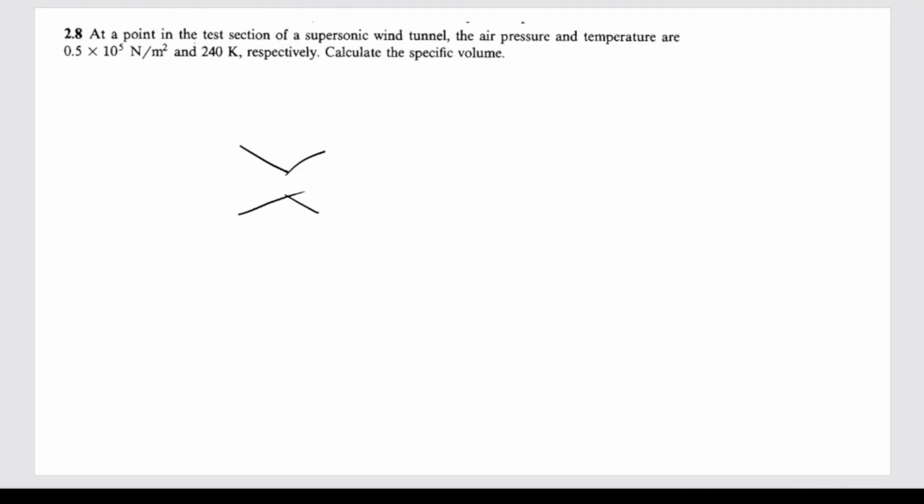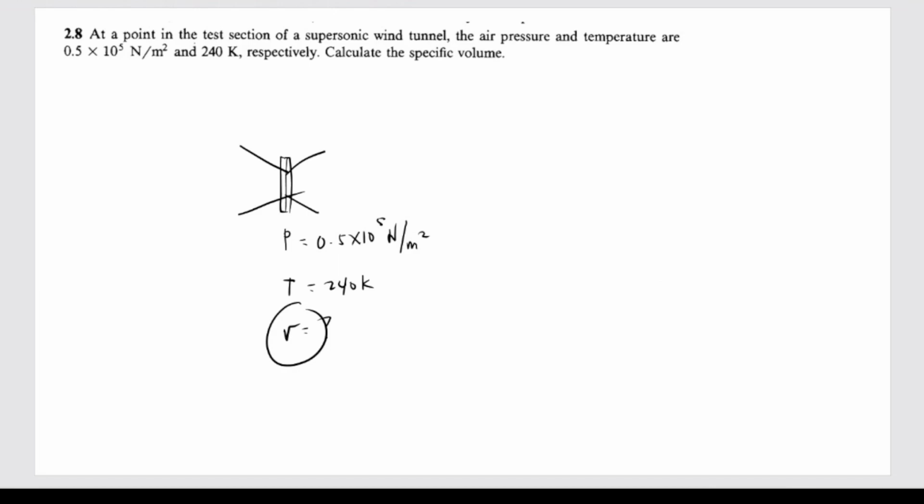Pero it is not necessary. So dito daw sa test section, meron kang pressure na equals to 0.5 times 10 raised to 5 Newton per meter squared and temperature of 240 Kelvin. So, ang tanong, hinahanap is, ano yung specific volume?